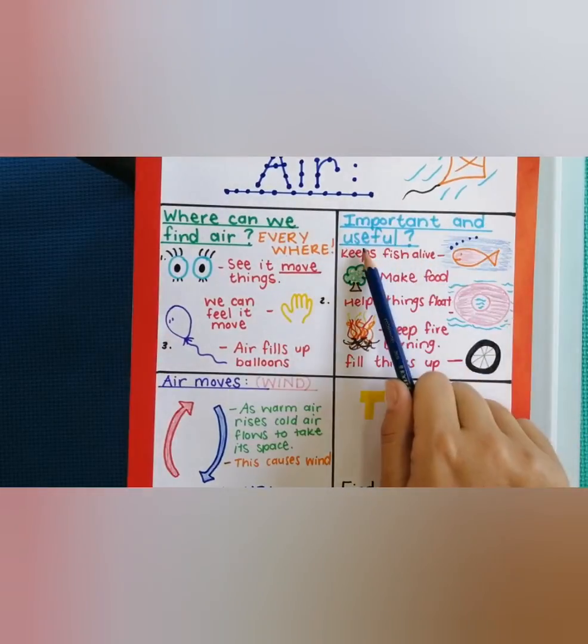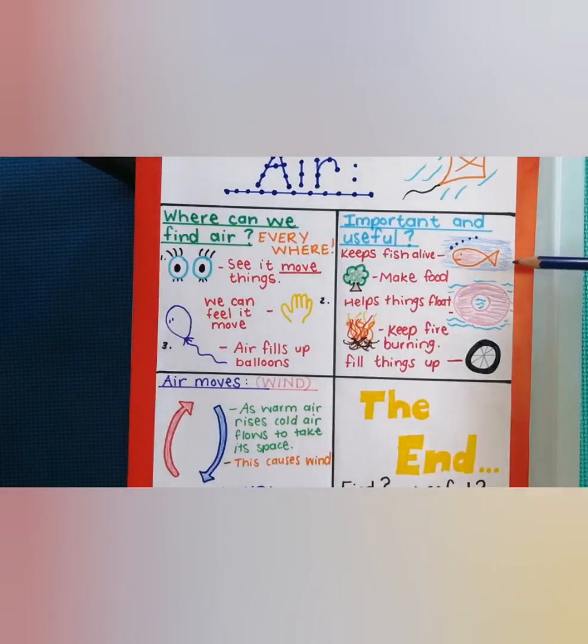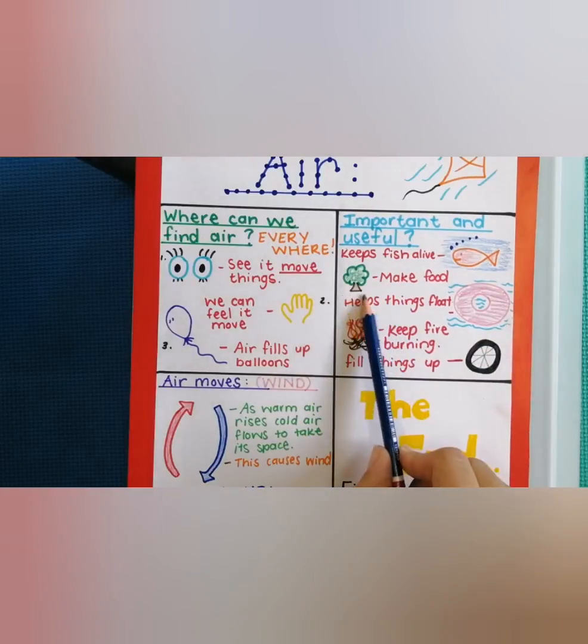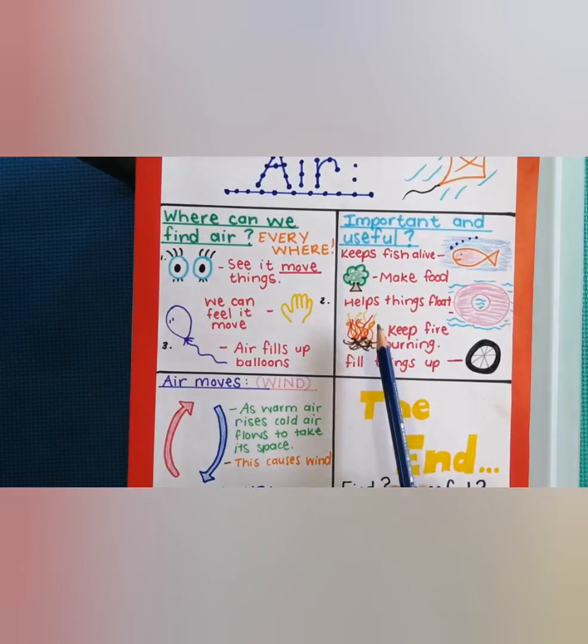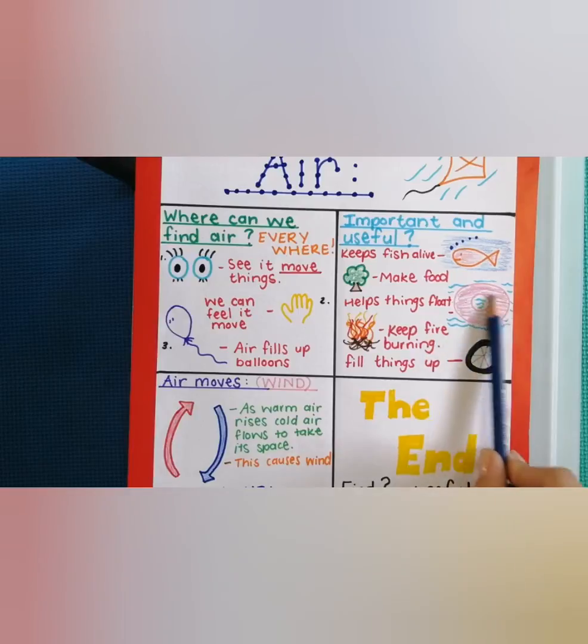Why is air important or useful? It keeps fish alive underwater because fish use air underwater. And it keeps humans alive because we need air to breathe. It is also important because it helps plants make food. It helps things to float.